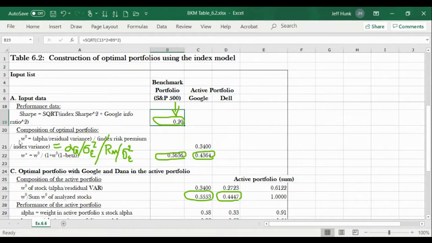So once we found the weight of Google in the optimal portfolio, then we adjust it for beta. Remember, we have to adjust it for beta. So let's take a look at the results.